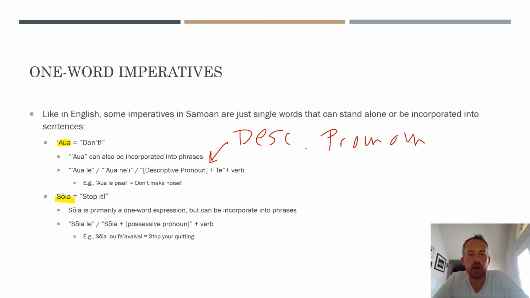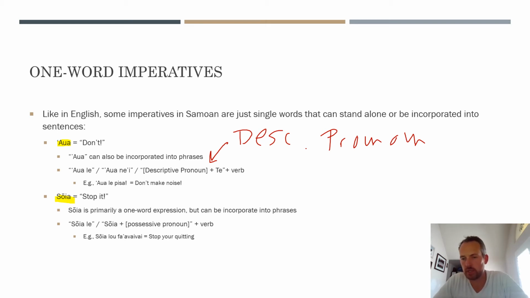All right. So if you were saying you don't do something, like a mom talking to one kid, she might say awa e te pisa. In this case, I'm using the verb pisa. And what that means is, don't you make noise. Awa e te pisa.